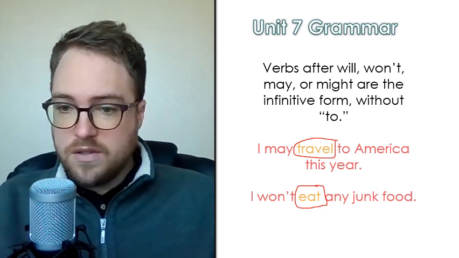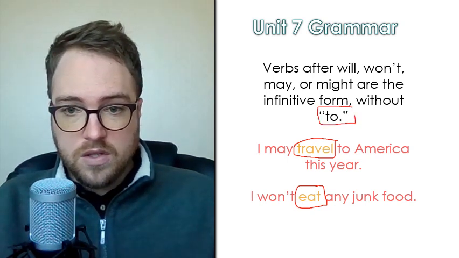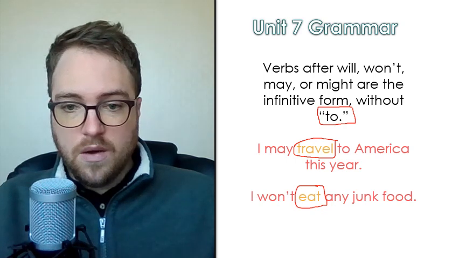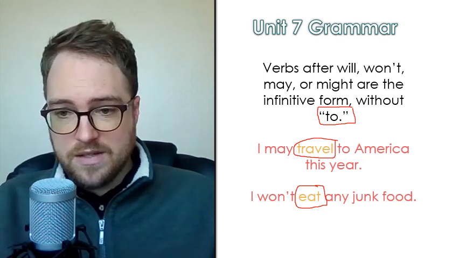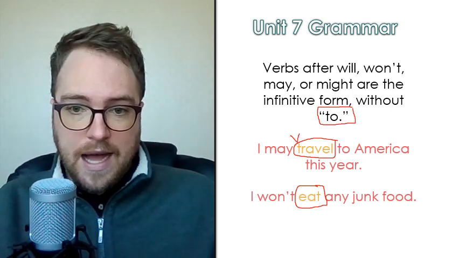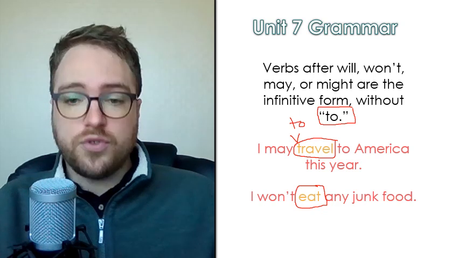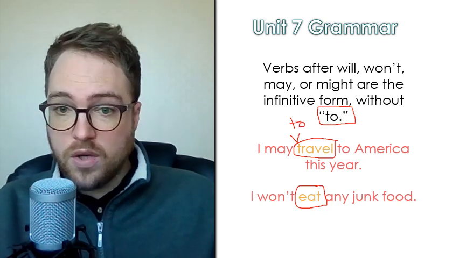Don't change the tense of the verb. And don't use to. Okay, so I may travel to America this year. Correct. If you say, I may to travel, no, that is not correct. So don't do that, okay?